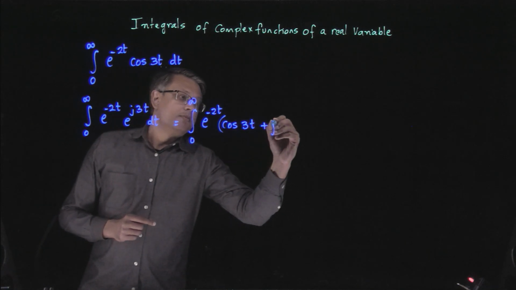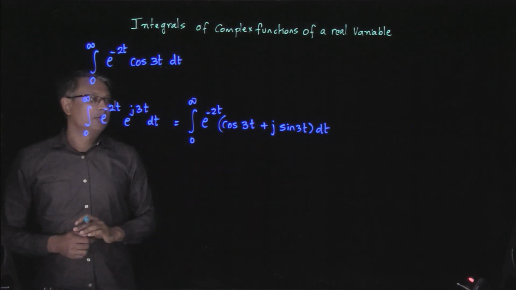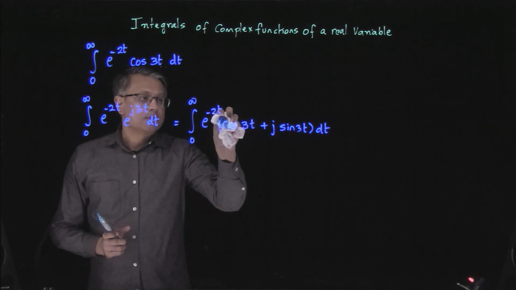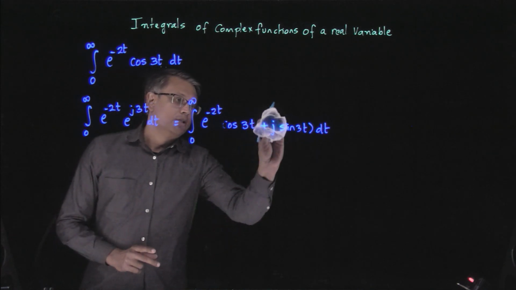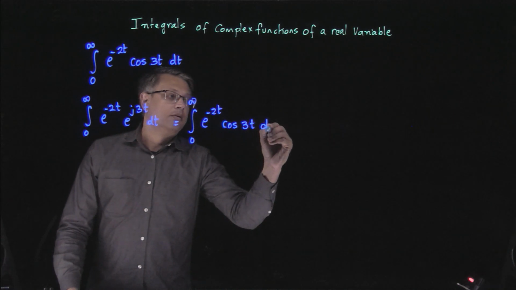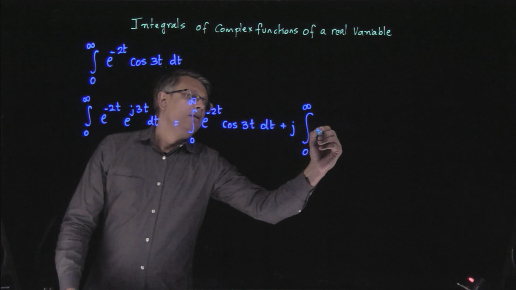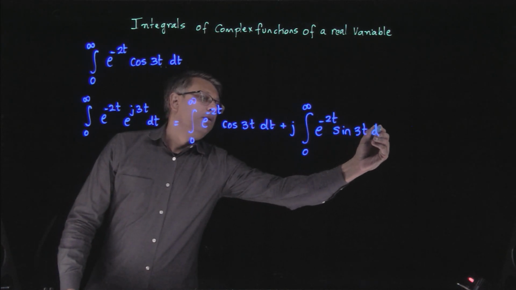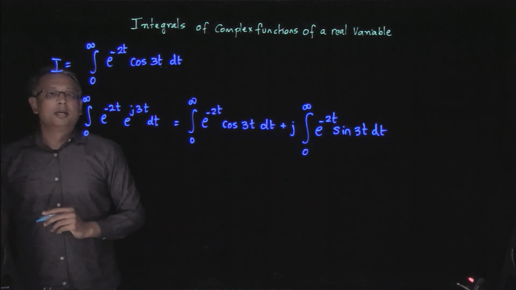So we can write this as plus j times sine 3t dt, and that's from Euler's formula. But notice that this can be split into two integrals, plus j times the other integral. Let's call the integral that we want to evaluate I.